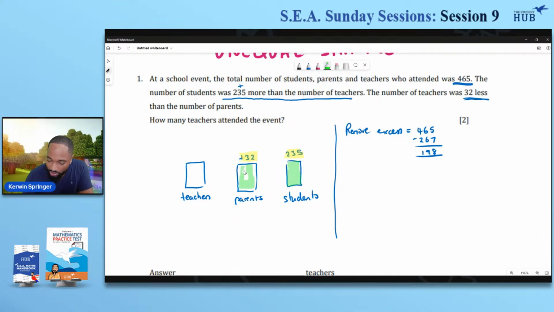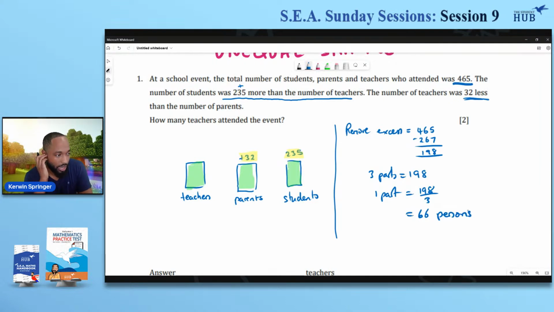Now, how many green blocks do I have? I have 3. It means that 3 parts or the 3 blocks represent 198 students. So 1 part is 198 over 3, which is 66 persons.